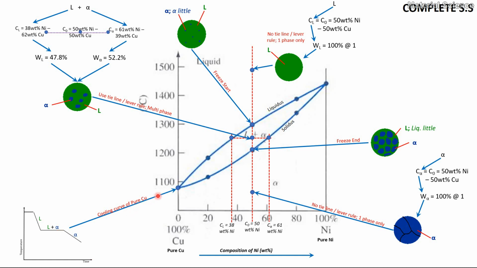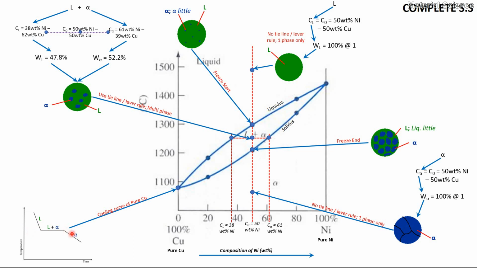So the cooling curve of pure copper at this point starts from the top and cools down to this point, which is its melting temperature. Then it goes down further as it becomes solid phase. This is the liquid phase, and this is its steady line.